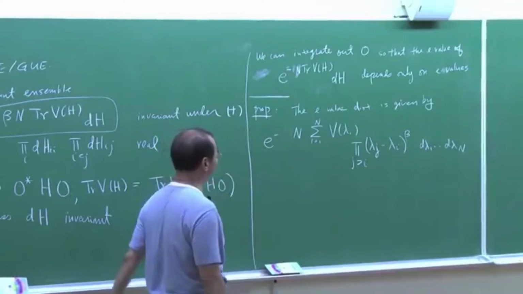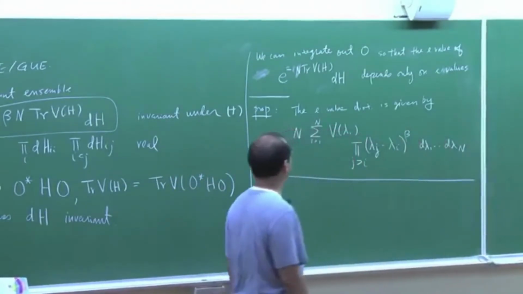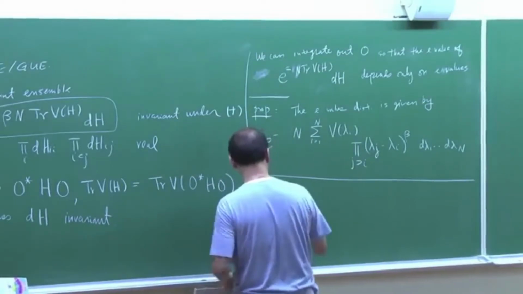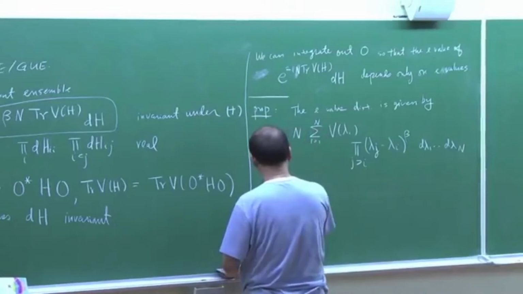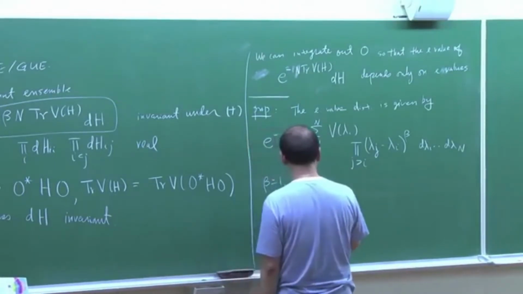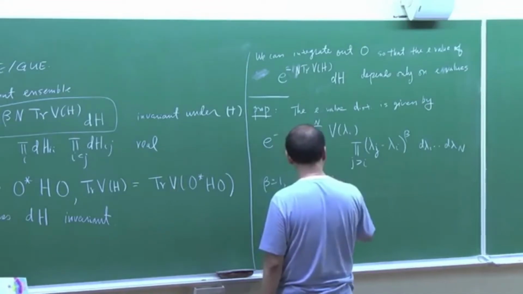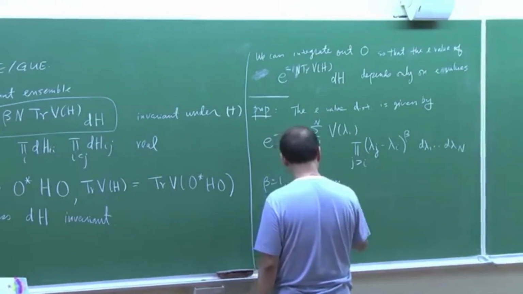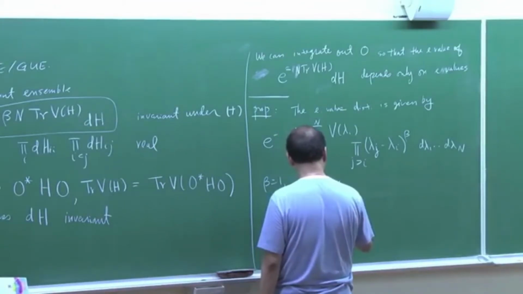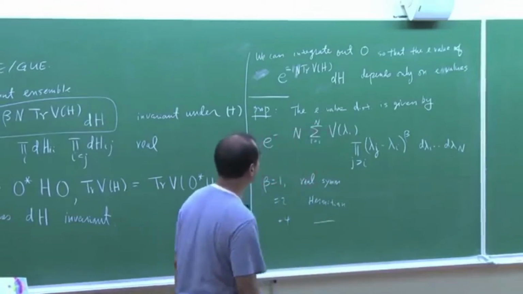And this beta is equal to 1 for the real symmetric case, equal to 2 for the Hermitian case, and equal to 4 for the quaternion case.